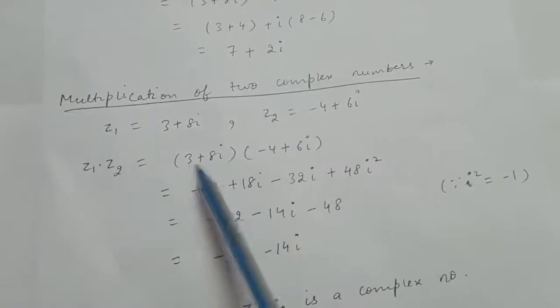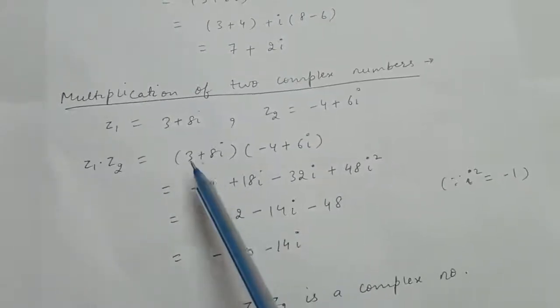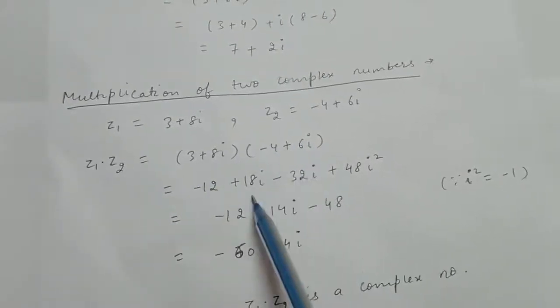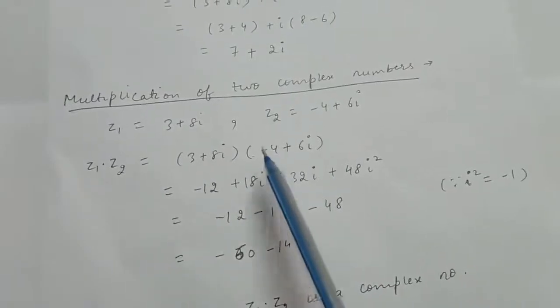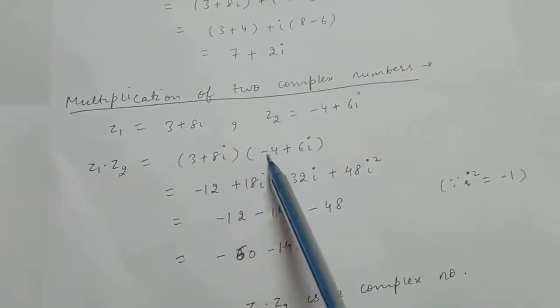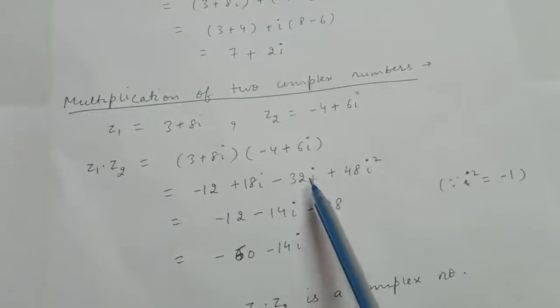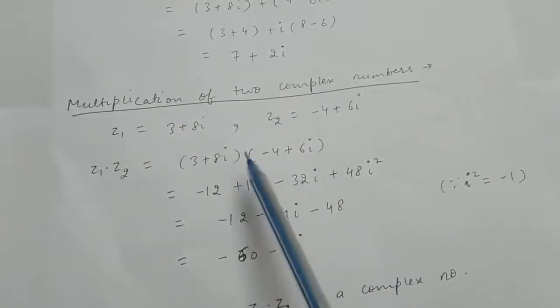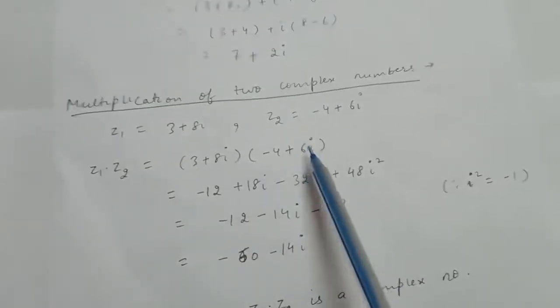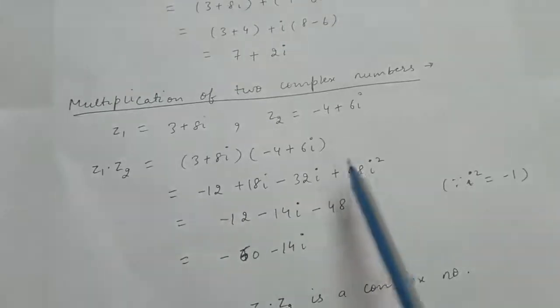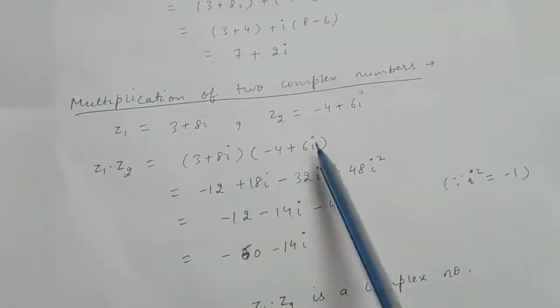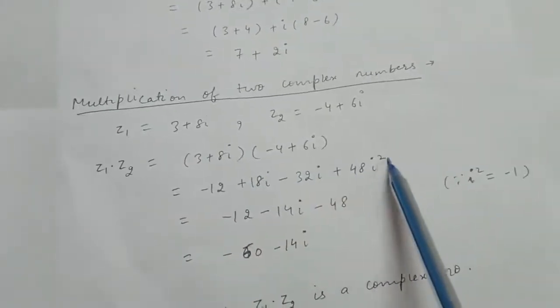So you will get minus 12, then 6 into 3 is 18 into iota, 8 iota into minus 4 is minus 32 iota, and then 8 iota into 6 iota will be 48 into iota square, because iota into iota is iota square, right?